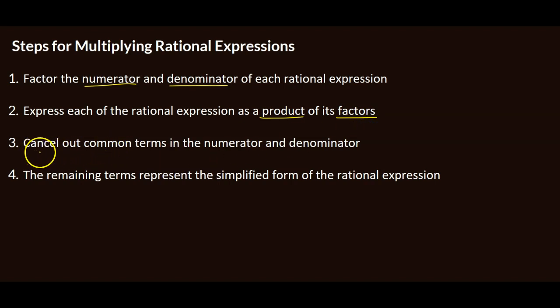We're going to cancel out the common terms in the numerator and the denominator. And then whatever we have left, we're going to combine together and simplify. And we should have the simplified form of the rational expression. So let's go ahead and put some of these steps into practice so you can see how to use them.